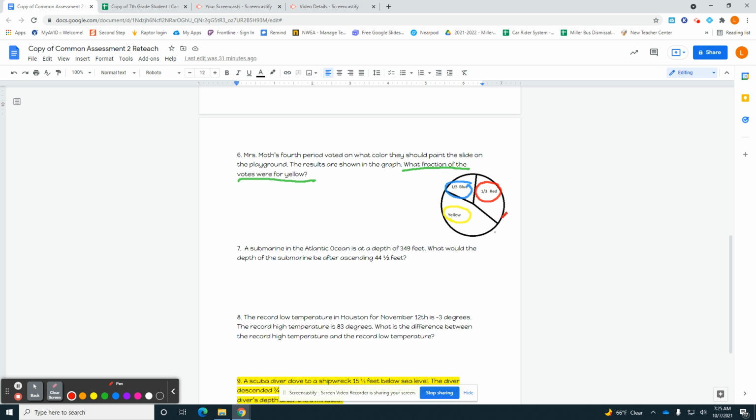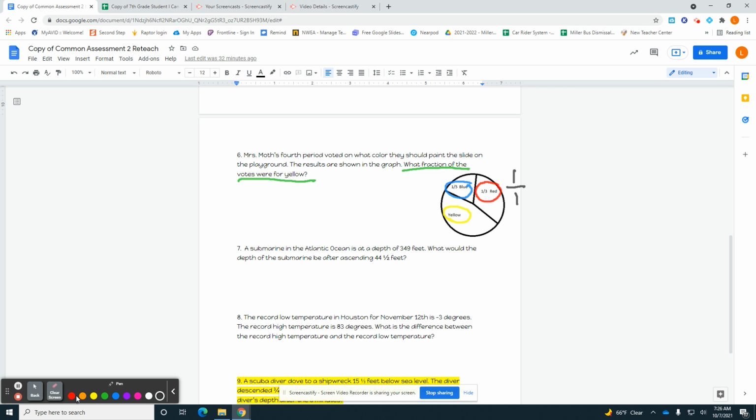So this graph here is going to represent one whole, all the people that voted. We don't know how many people voted in this survey. So remember, we're going to represent one whole as 1/1, and then you're going to have to find a common denominator. Okay.